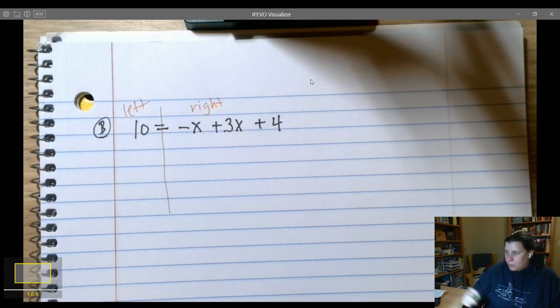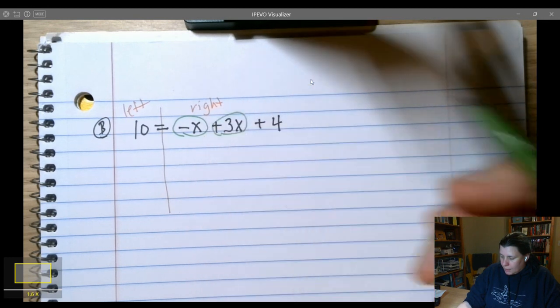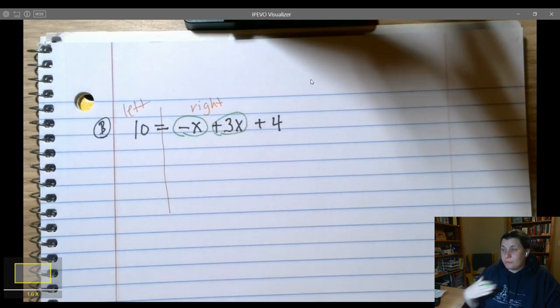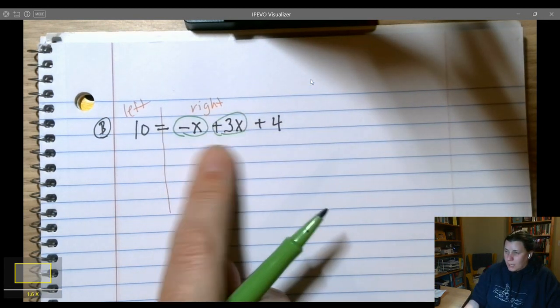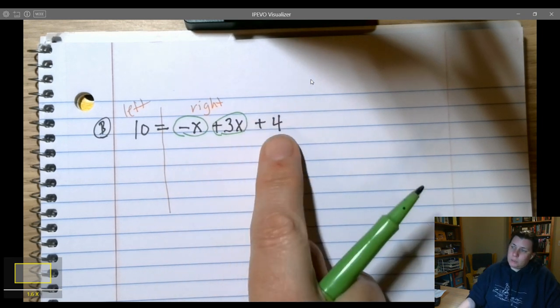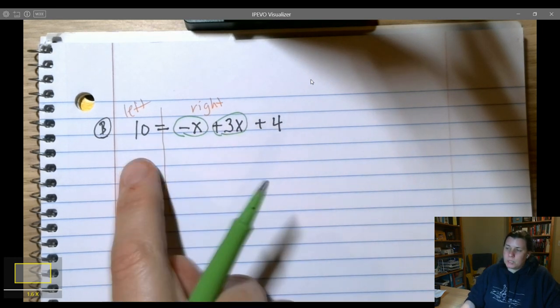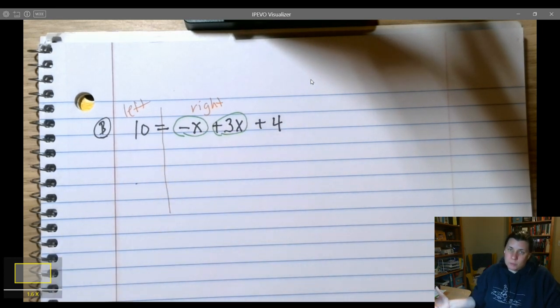So the first thing I'm going to do is notice that I've got 2 x terms. This doesn't have to be the first thing. If you notice that you've got plus 4 on this side and you wanted to subtract 4 on both sides first and then do what I'm doing second, that's fine. Order's a little bit flexible.